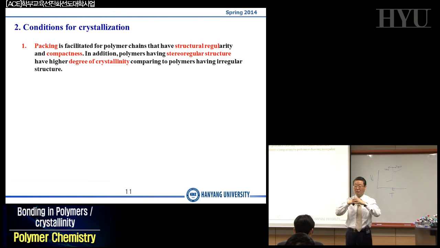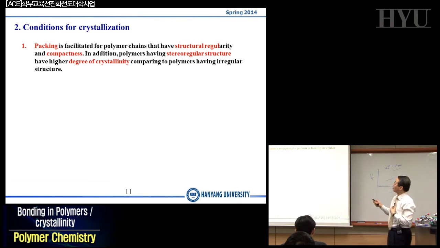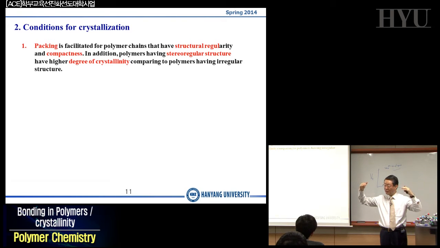If your structure is flat and linear, there is a lot of chance to become high density. If your chain is a little kinked, irregular, then there is a lot of chance that your density is quite lower.